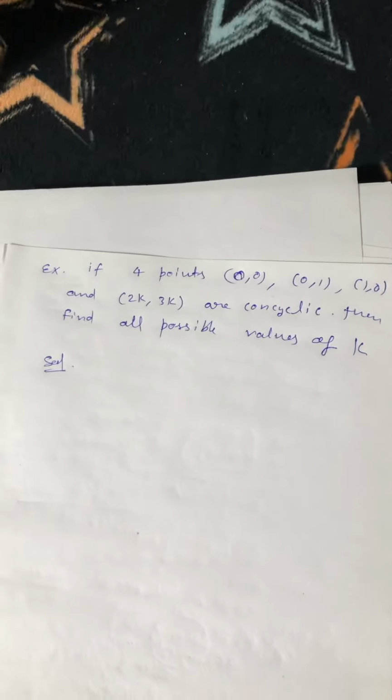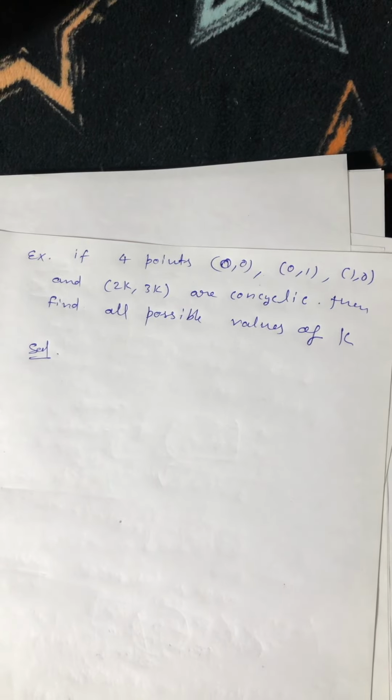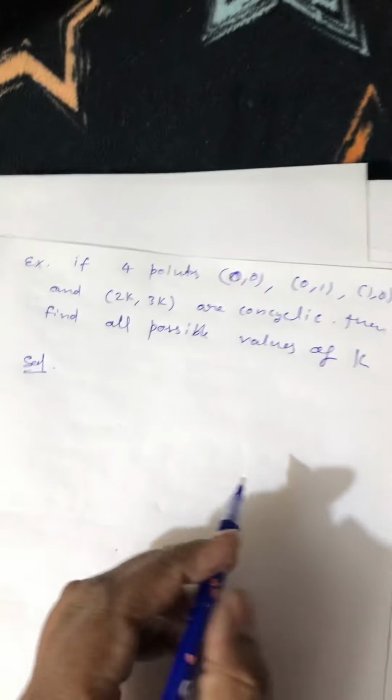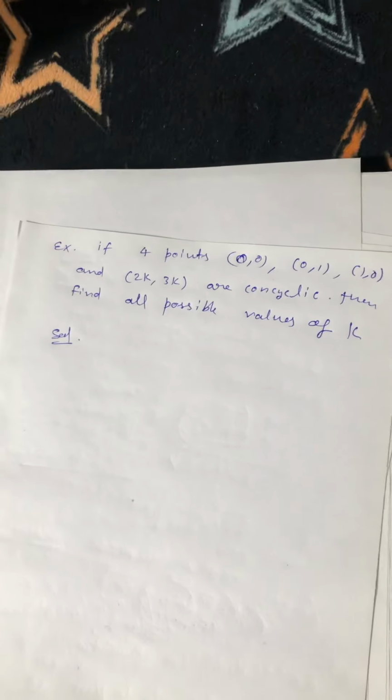In the given question, we have to find the value of k with the condition that the points are concyclic. Concyclic means the points are lying on a circle.